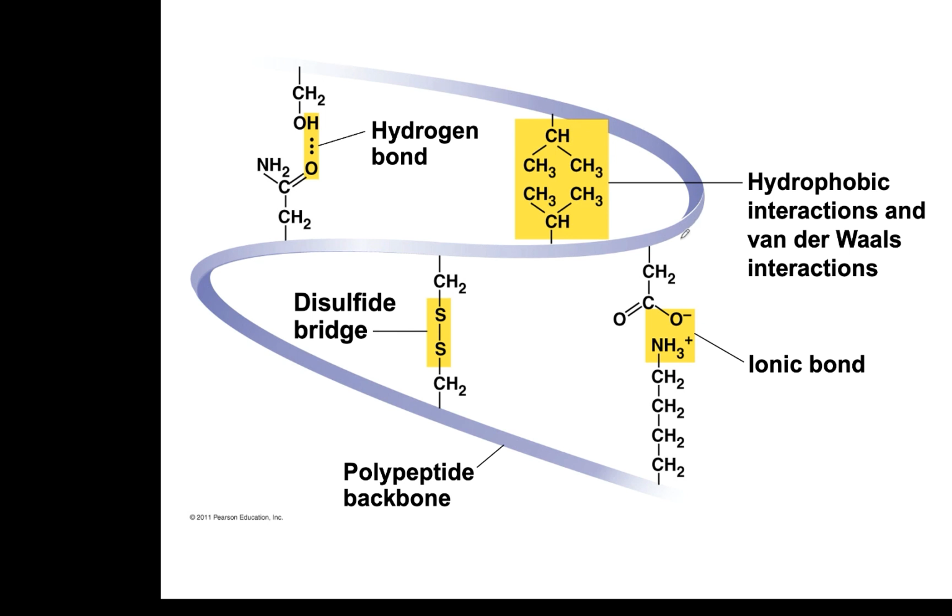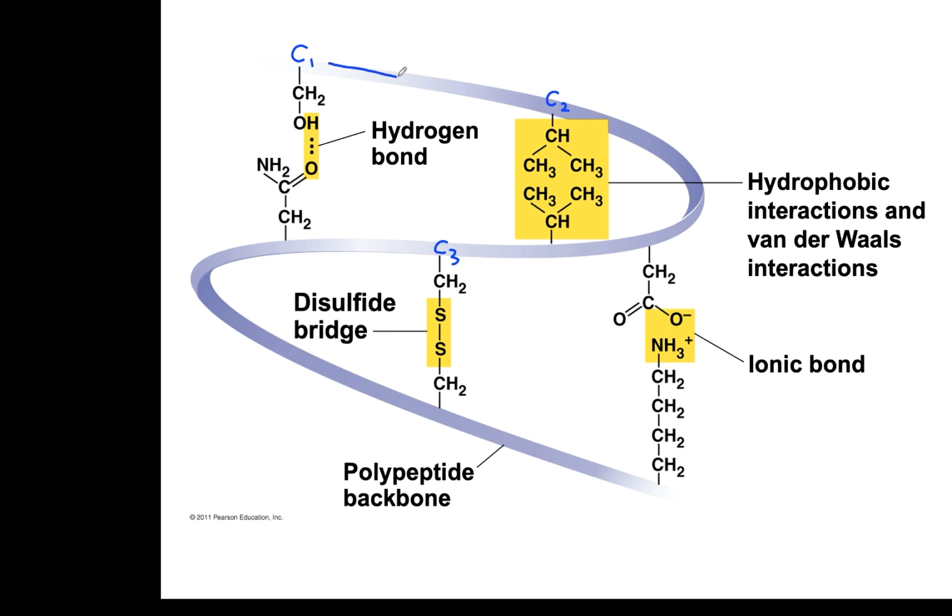Let's see. You can think of this purple string, purple line, as here's the central carbon of the first amino acid. Here's the central carbon of the second amino acid. Here's the central carbon of the third amino acid. So there is a peptide bond between the first and second amino acid.